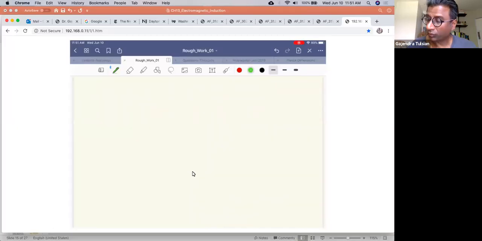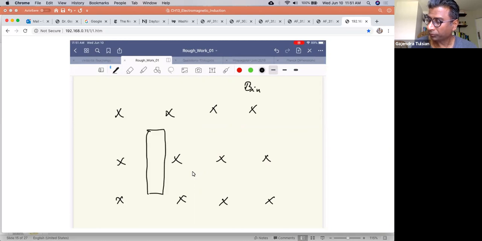Okay, so what we have learned is the following. Here's a magnetic field into the plane of the paper. What we do is we take a rod and move it with the velocity v.